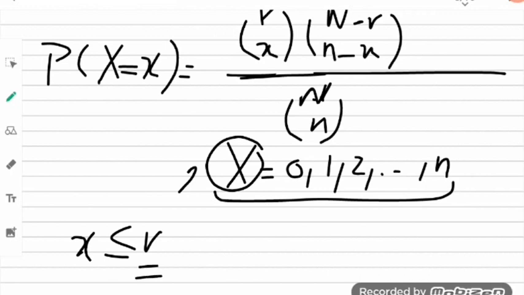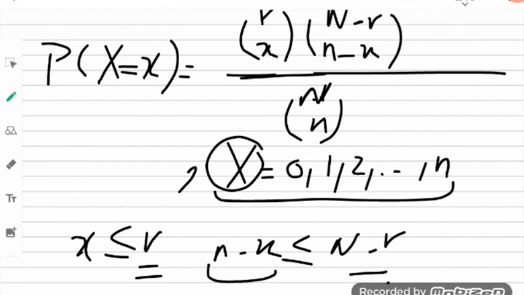Similarly, the number of failures can never exceed capital N minus r, which is the number of failures in the population. So the number of failures in the sample can never exceed the number of failures in the population, and similarly the number of successes in the sample can never exceed the number of successes in the population.